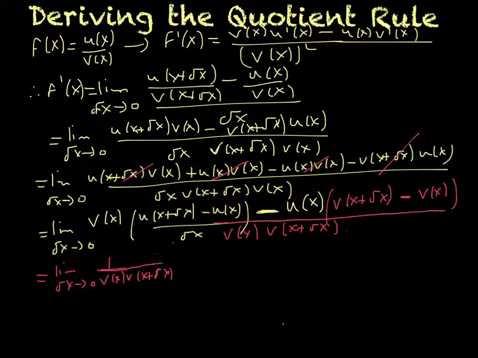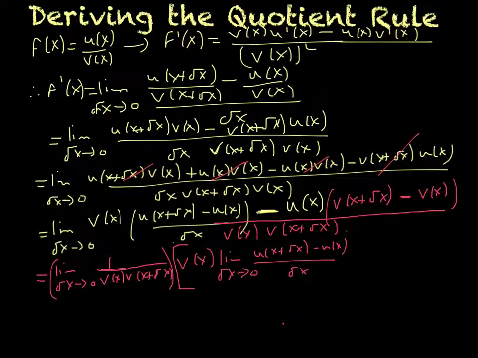So I'm going to put that in brackets and write v of x, and this is all in big brackets: v of x, limit as delta x tends to 0 of u of x plus delta x, subtract u of x over delta x, and then we've got our subtract u of x again, nothing to do with delta x, limit as delta x tends to 0 of v of x plus delta x minus v of x all over delta x. Apologies, the screen is quite small.